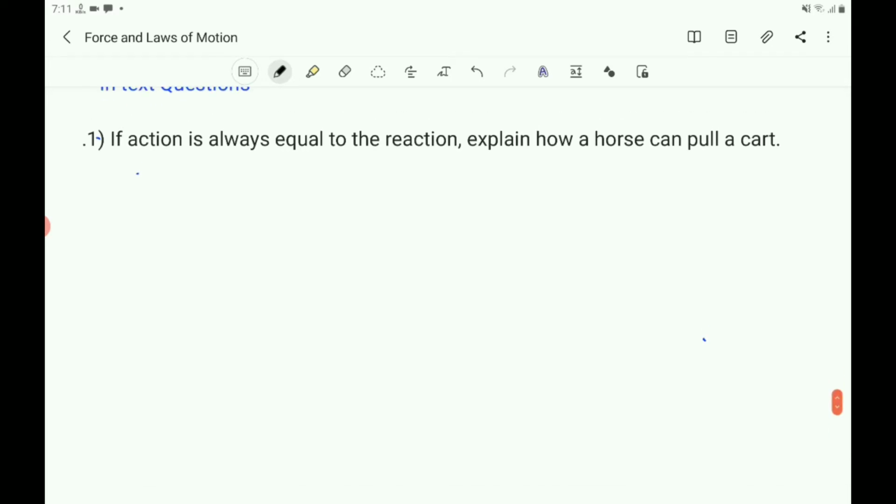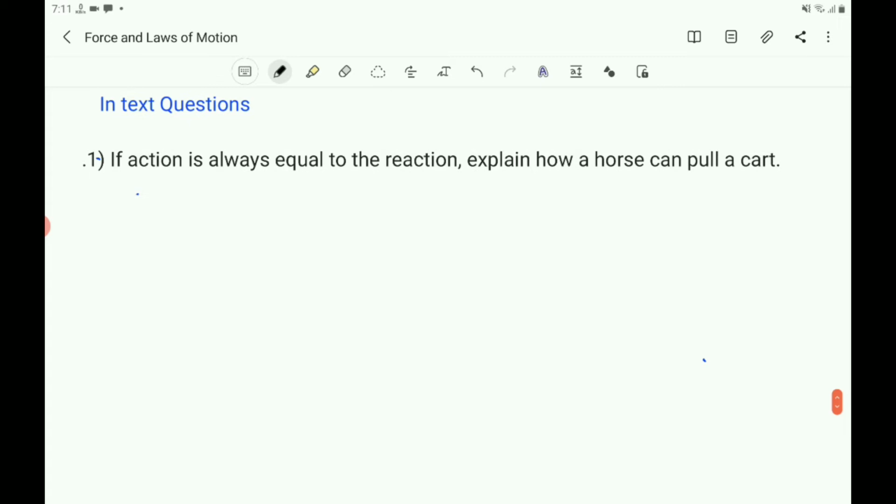So, what will be the answer here? To pull the cart, the horse pushes the ground with its foot in the backward direction by pressing the ground. As a reaction of this force, the ground pushes the horse in the forward direction. That is due to which the horse pulls the cart.